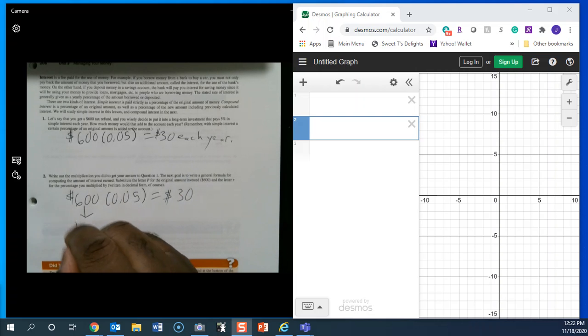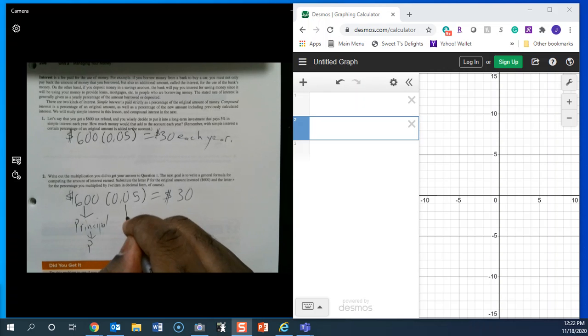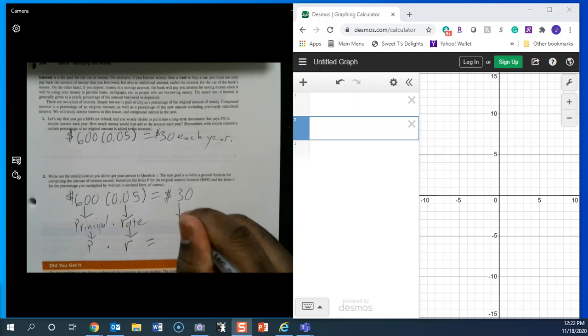So this 600 would be our P, or our principal. This 0.05 would be our rate, or our R. And this will be the interest, or our I.